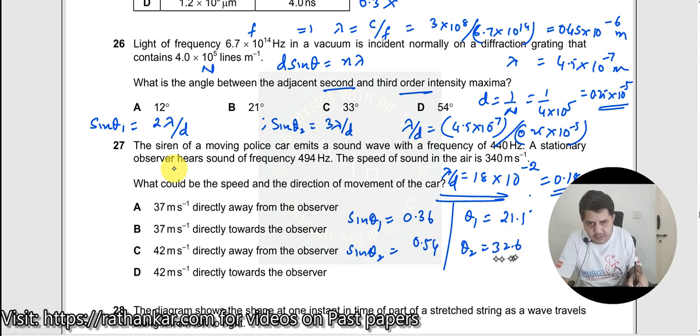When I subtract these two, I get 11.5 degrees, which is nearby 12 degrees. The answer is here.